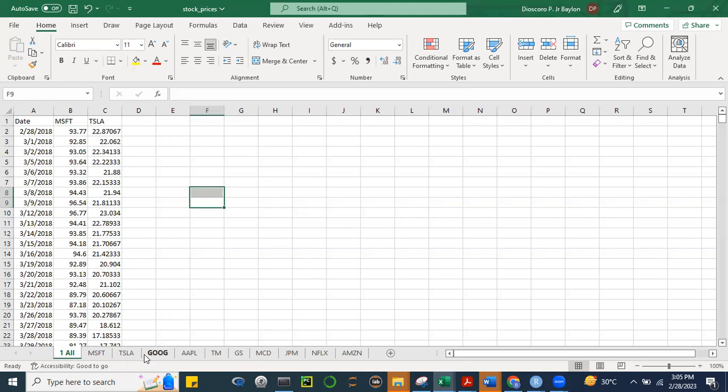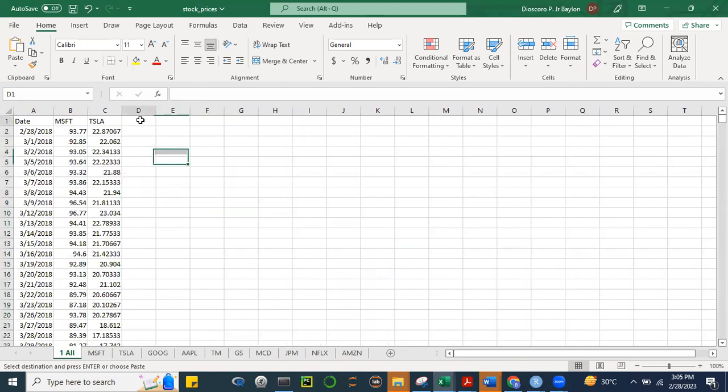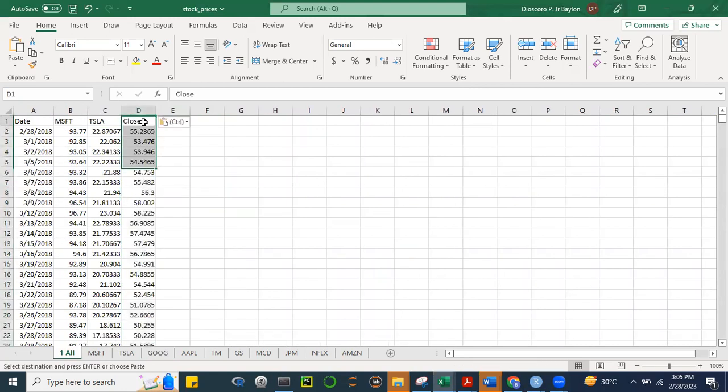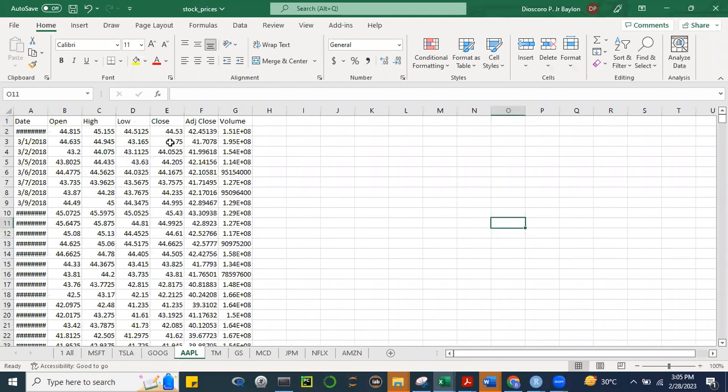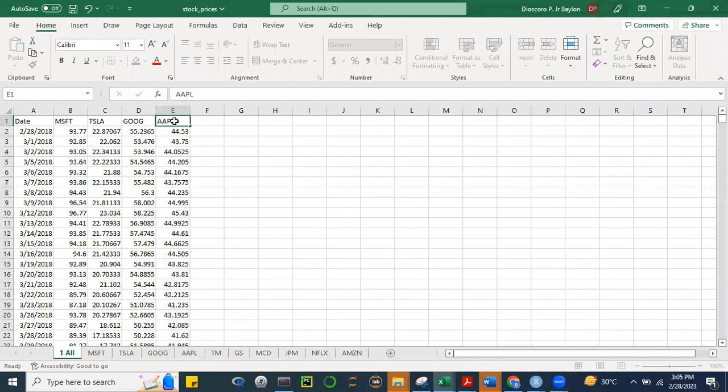All right, then Google, copy natin ulit si close, Control C, and then dito sa all, Control V, and then I'll put this Google so that we know what price this is. And then Apple, again, copy the closing, Control C, Control V. Let's put here AAPL.